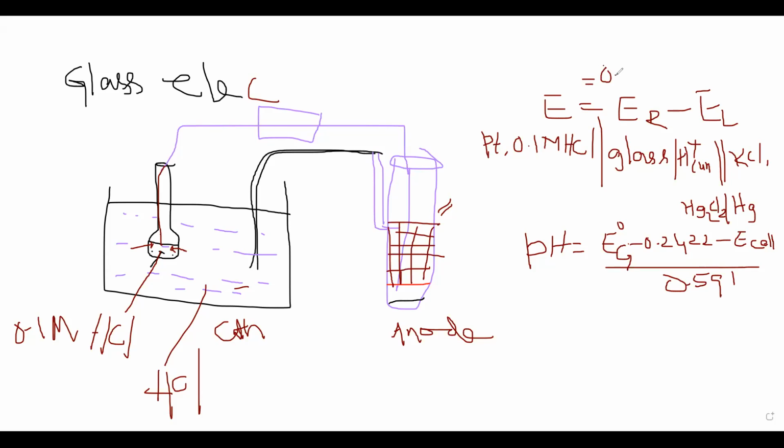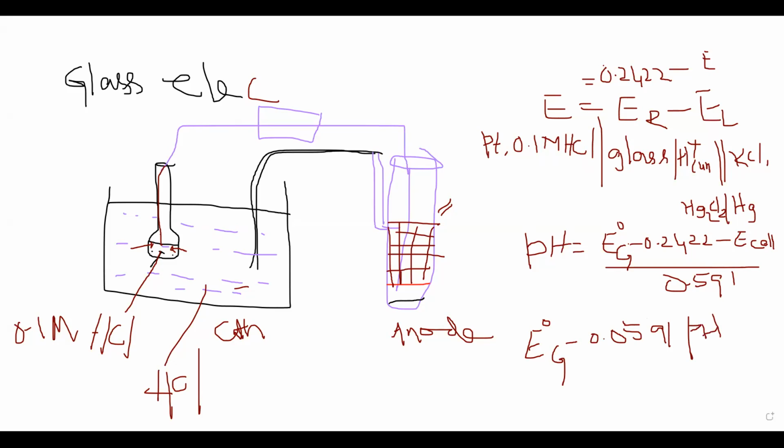E right is 0.2422 minus E0G. E0G minus 0.0591 pH.